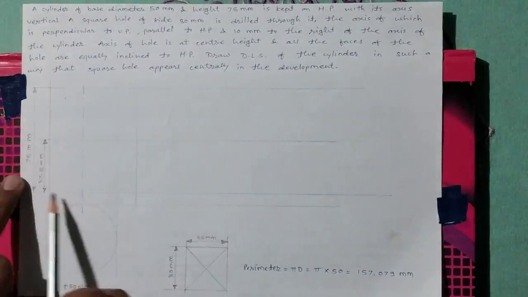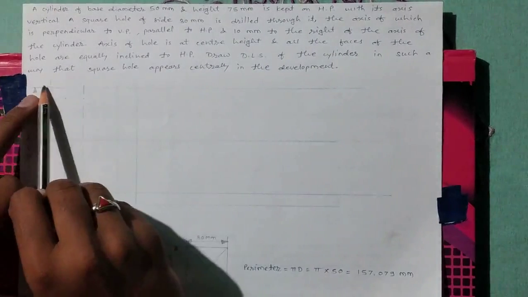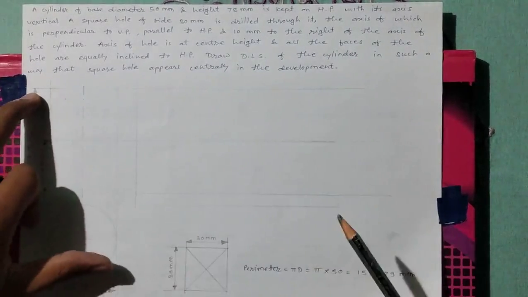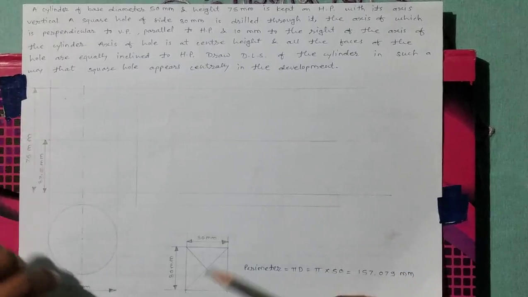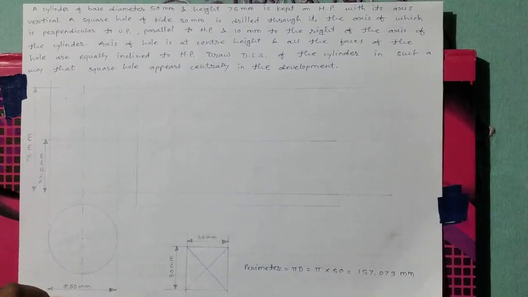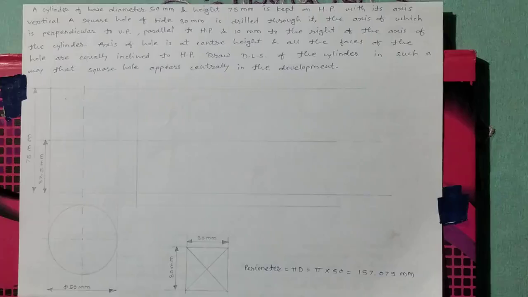After keeping this height of 75 mm from the base, we have drawn this reference line. This is top view and this is front view of cylinder having base diameter 50 mm and axis 75 mm.